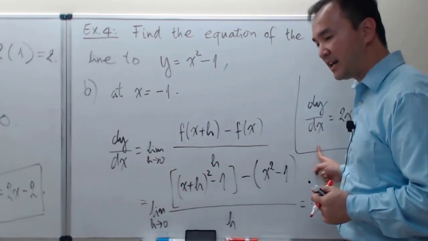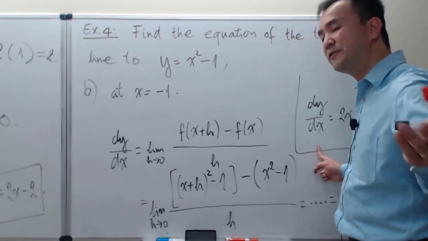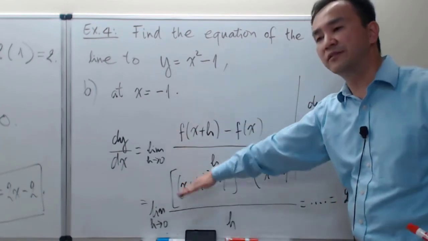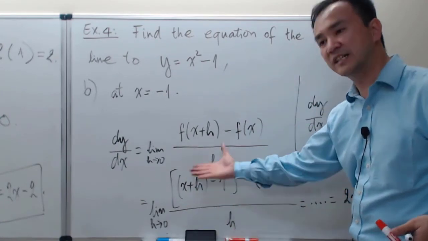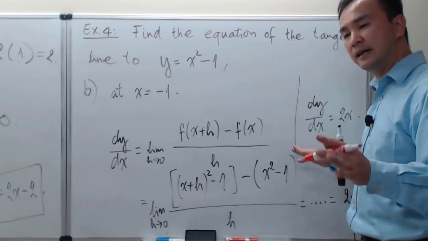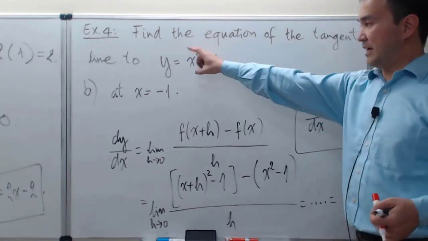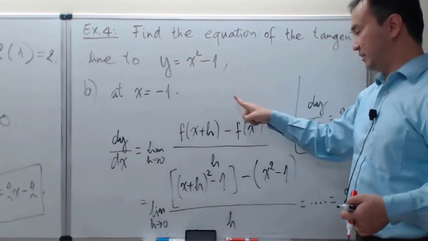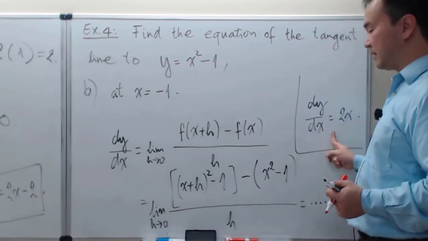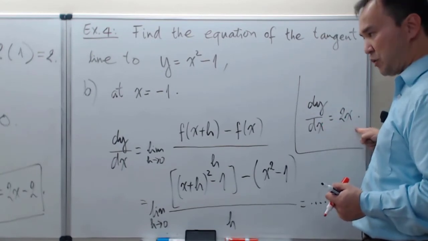I don't want anyone viewing this video to feel that you need to reinvent the entire wheel. All that work is still here. You can reuse it. It's completely legal. As long as we stay with the same function, all that work here will remain the same. Our dy/dx is the same, 2x.